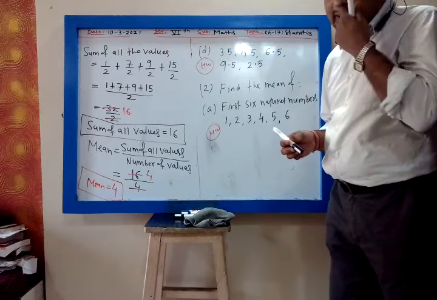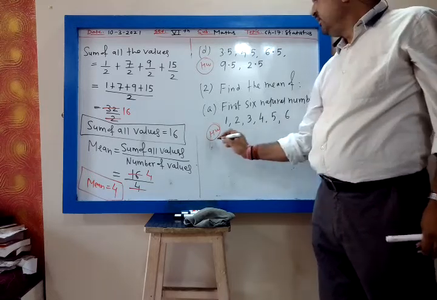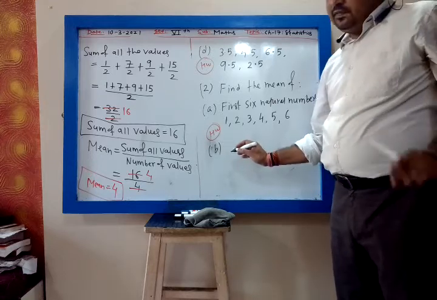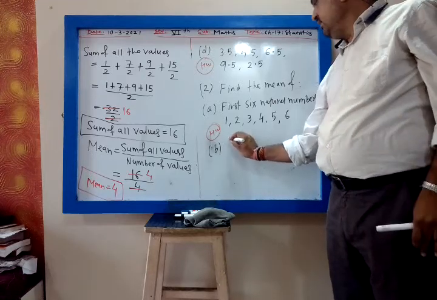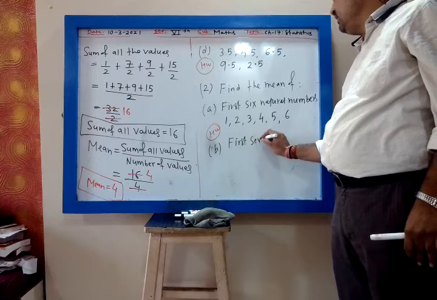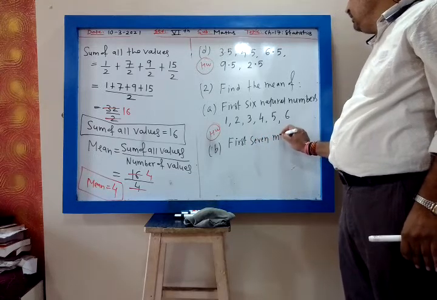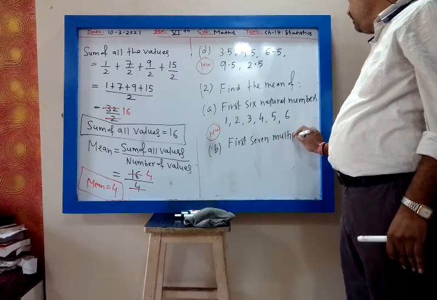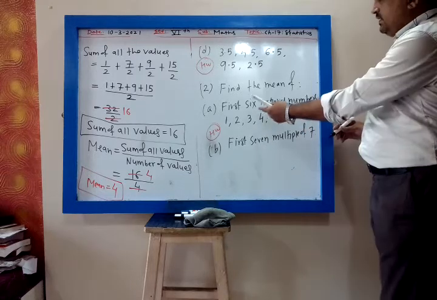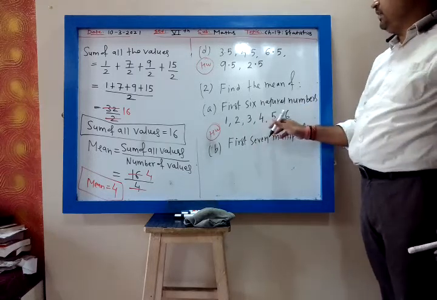Then the first 7 multiples of 7. My dear, the first 6 natural numbers are 1, 2, 3, 4, 5, 6.